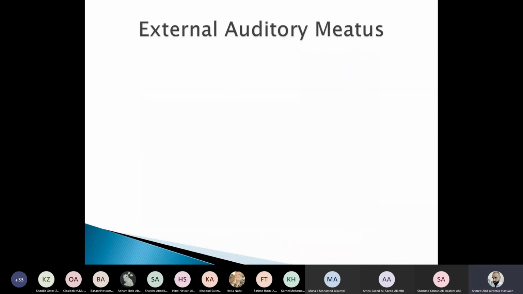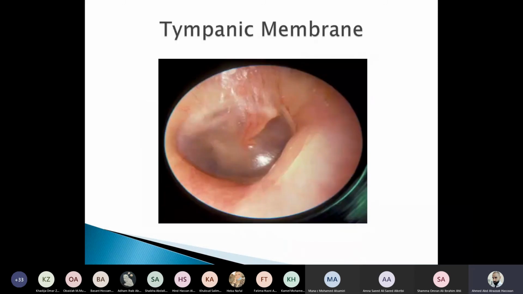Now, finally, once we're done with that, we will reach the tympanic membrane. The tympanic membrane is the most important structure that we want to focus on. Of course, as we said, it's our window to the middle ear. So as you can see here, it should be transparent.